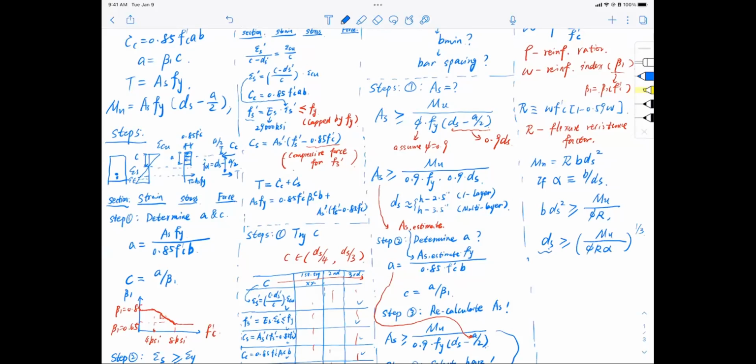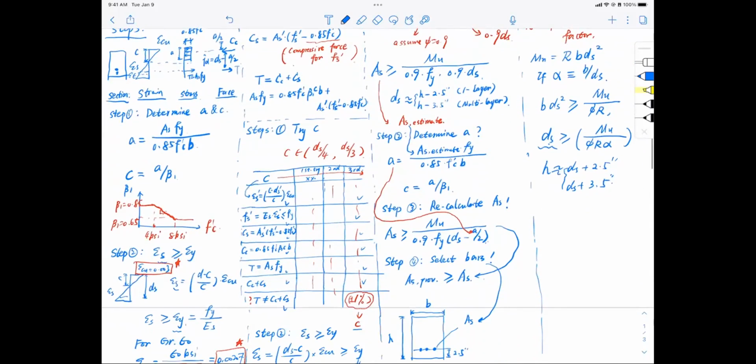Now you determine ds, and height h is approximately ds plus 2.5 for one row, ds plus 3.5 for multiple rows, in inches. Usually b equals alpha multiplied by ds, and you get the width as well.